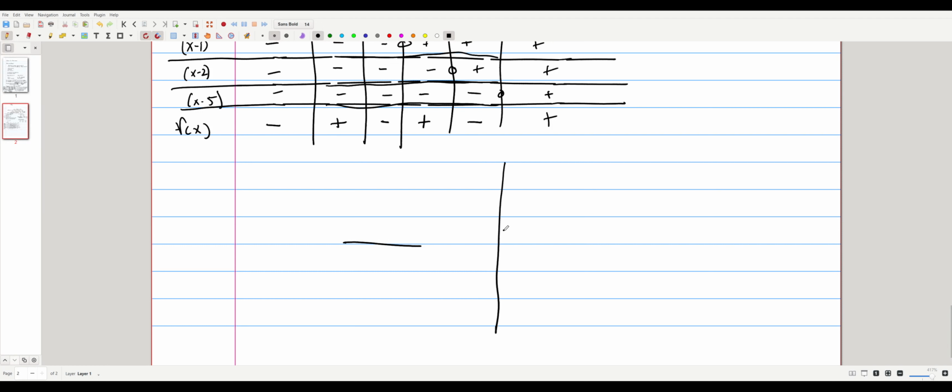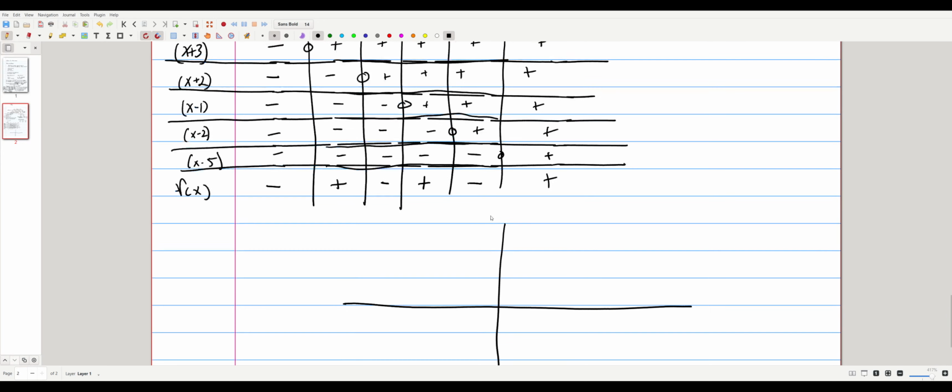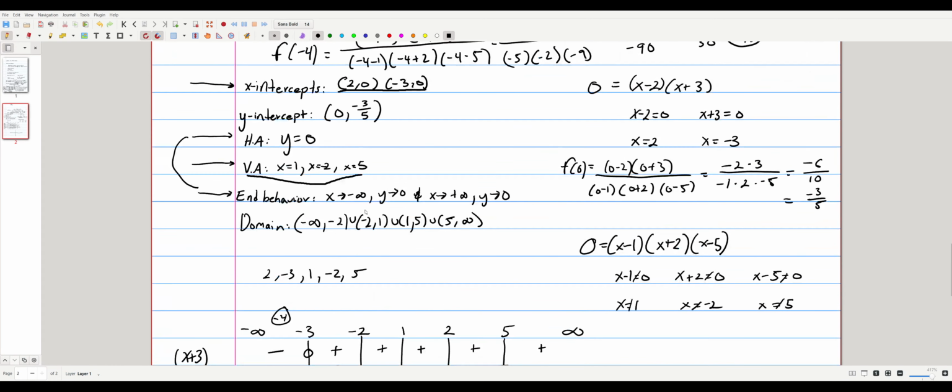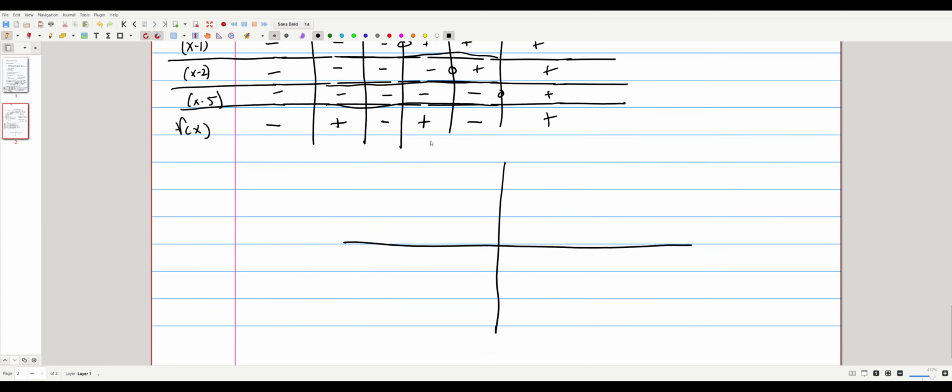Okay, and so what we're going to do is we're going to put all our x-intercepts and vertical asymptotes. So first we're going to plot our x-intercepts, which we have as positive 2 and negative 3. So positive 2, 1, 2, we have an x-intercept there, and negative 3. 1, 2, 3.